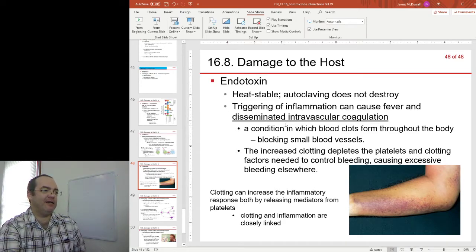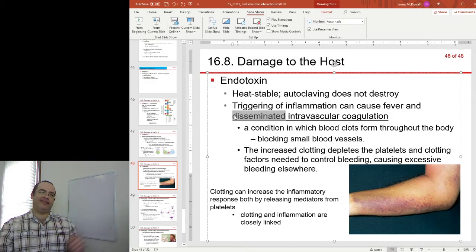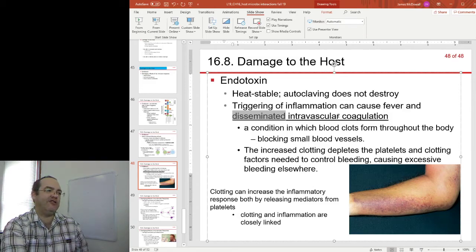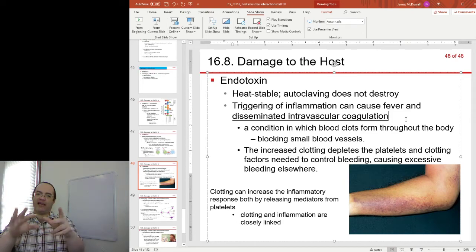Disseminated means it happens all over, so it's systemic. Intravascular means it happens in your blood vessels, and coagulation has to do with clotting factors and the thickening up. Coagulation means to stick together.